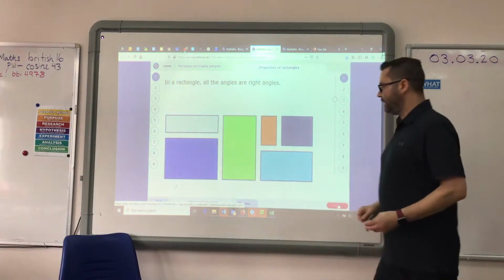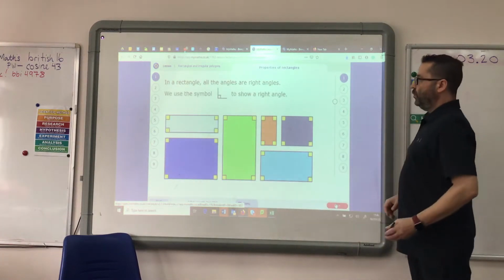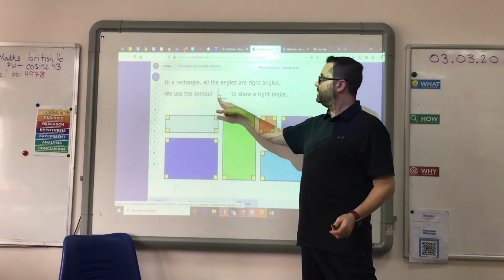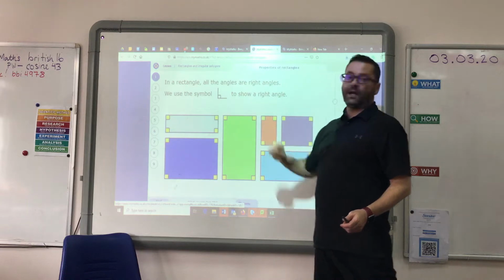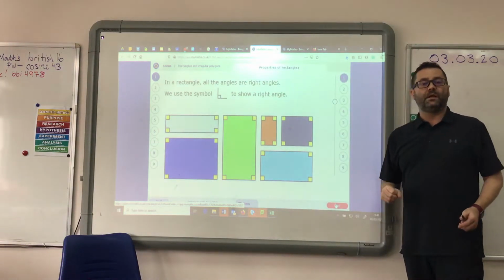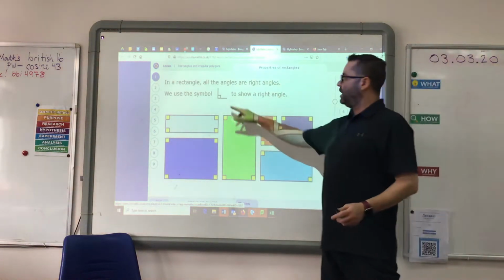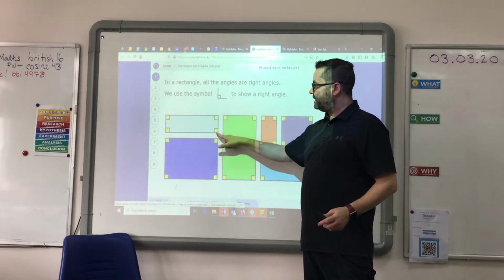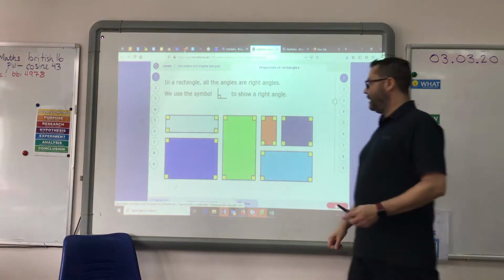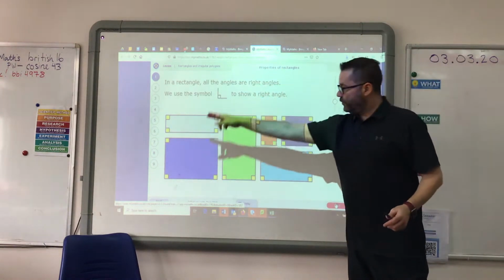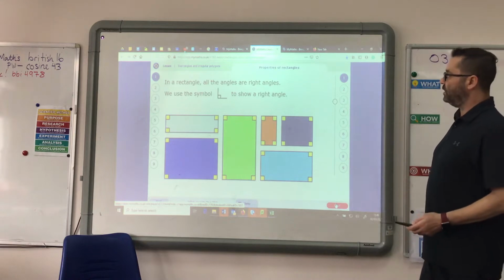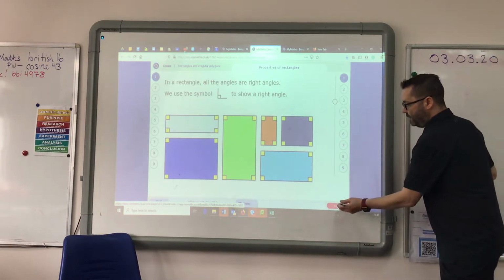We know that this symbol here shows 90 degrees. These two perpendicular lines, we were looking at perpendicular lines already. These perpendicular lines is where the two lines cross, and that is a 90-degree angle. And we can show that using these small squares for 90 degrees. All of the rectangles have 4 right angles. Okay?